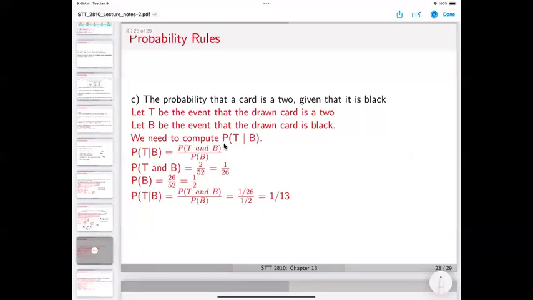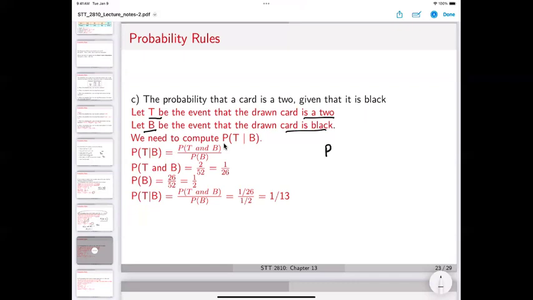And then let's get to C. The probability that a card is a 2, given that it is black. So you define, I said let T be the event that the card drawn is a 2, and let B be the event that the card drawn is black.